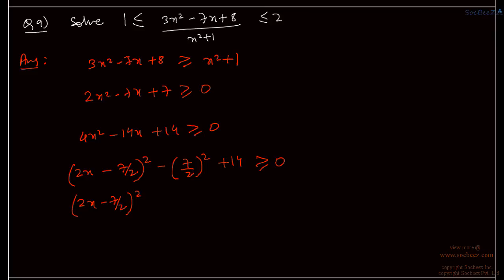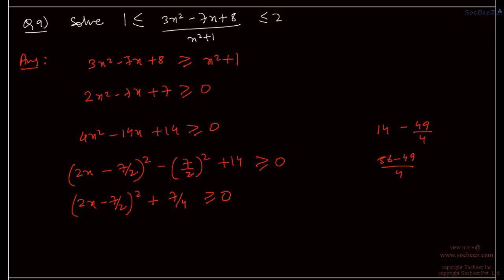Now, let's look at this. 14 minus 7 squared by 4. The 7 squared is 49 by 4, and 14 into 4 is 56. So I have 7 by 4. Right? 14 minus 49 by 4 gives us 56 minus 49 by 4, which is 7 by 4.